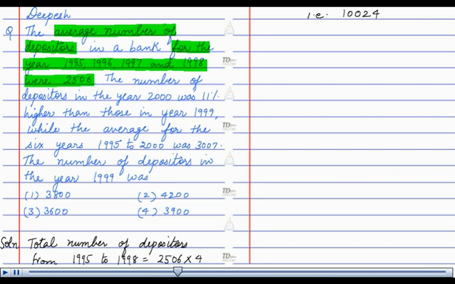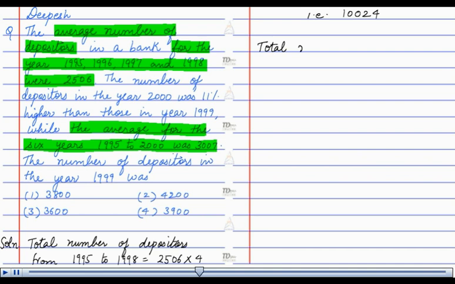Also, it is given that the average for the 6 years 1995 to 2000 was 3007. Therefore, the total number of depositors for these 6 years from 1995 to 2000 will be given by 3007 into 6, that is 18,042.